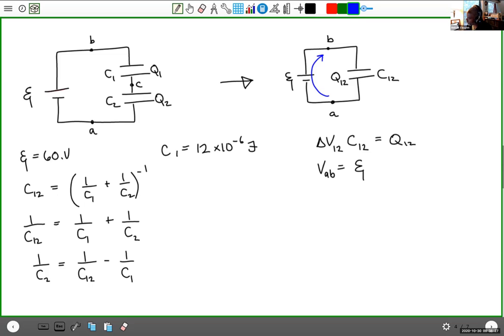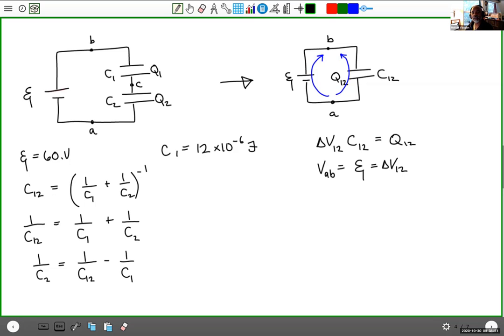Now, we can get to B from point A by passing through the equivalent capacitor, and we would see that the potential difference again from A to B, which is the same thing as the potential difference across the equivalent capacitor, must be equal to the same psi.